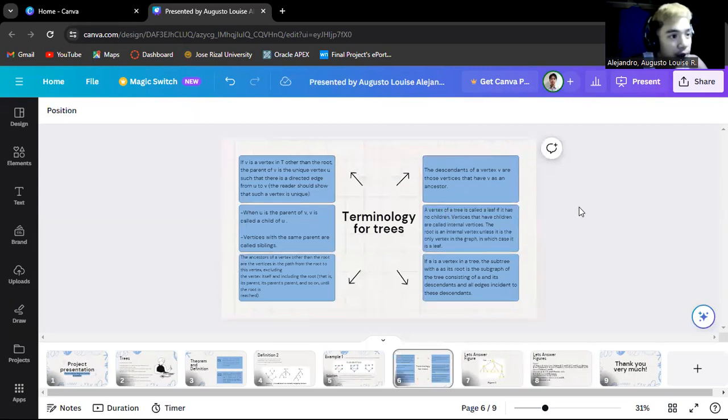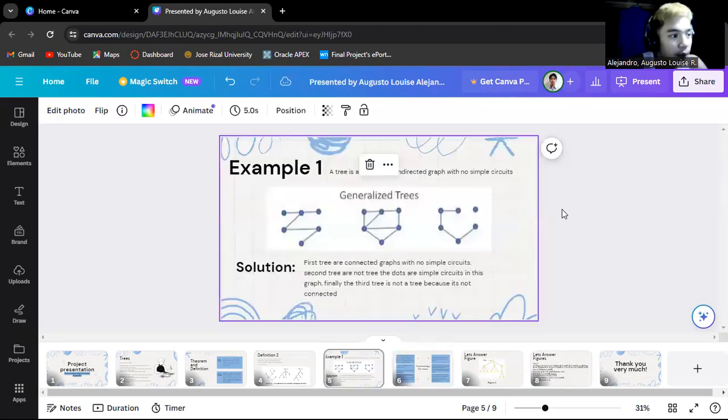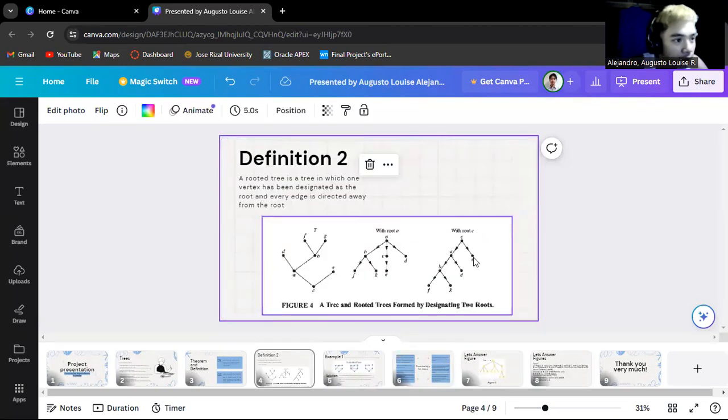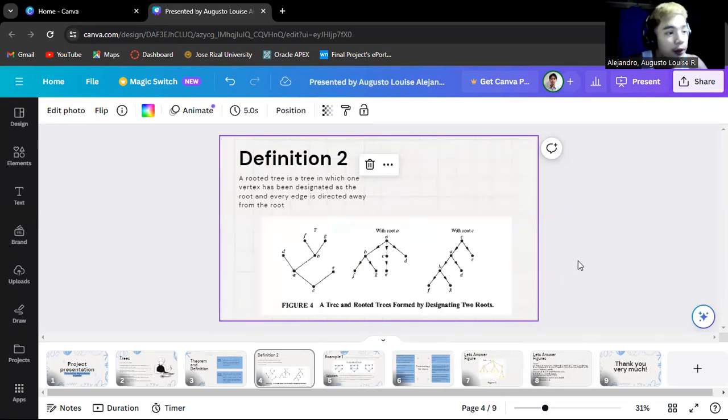A vertex of a tree is called a leaf if it has no children. Vertices that have children are called internal vertices. The root is an internal vertex unless it is the only vertex in the graph, in which case it is a leaf. Here you can see A is an internal vertex, where A has children B and D, where B is an internal vertex and D is a leaf.